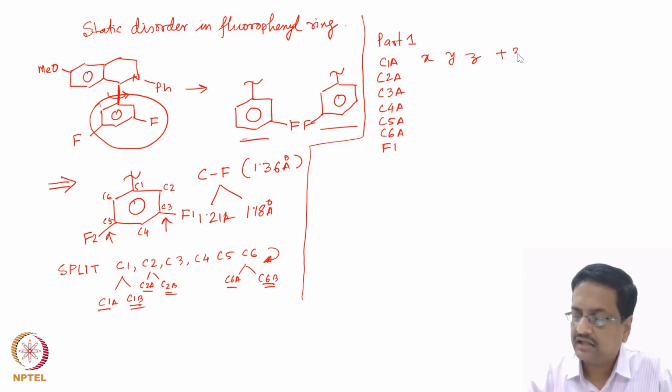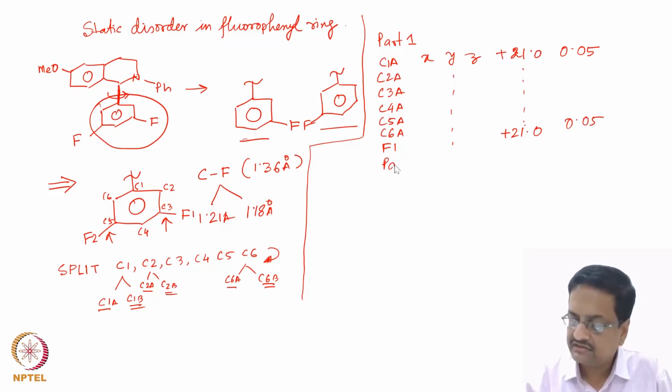Then we say it is class 21.0 and we give the thermal parameter 0.05. For all of them we will have different coordinates. All will have a class 21 as occupancy parameter and 0.5, and then we close it as part 0.